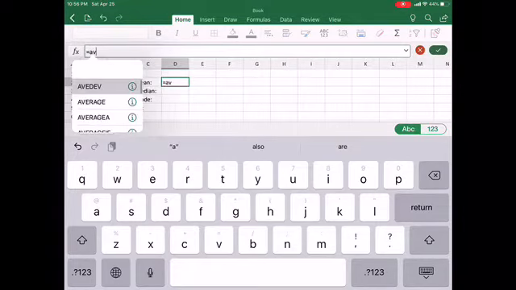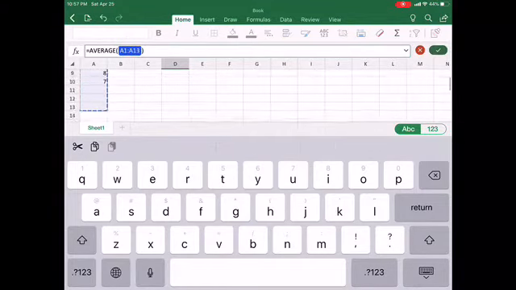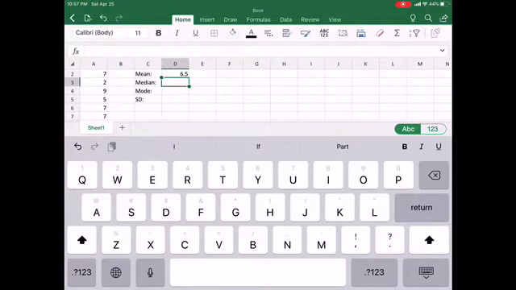So I'm going to start typing the word average, and you notice it pops up in my drop-down menu. So then I'm going to go ahead and tell Excel which numbers I want the average of. So I'm going to highlight my first value, and then just pull this little box down until it's highlighted all of my numbers. And Excel tells me that the mean of this data set is 6.5.